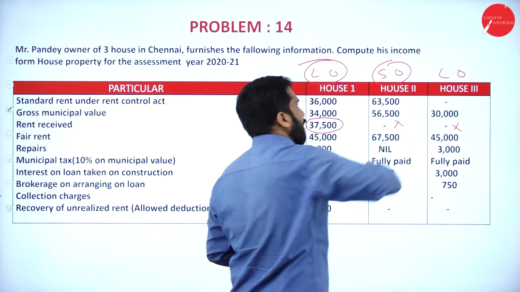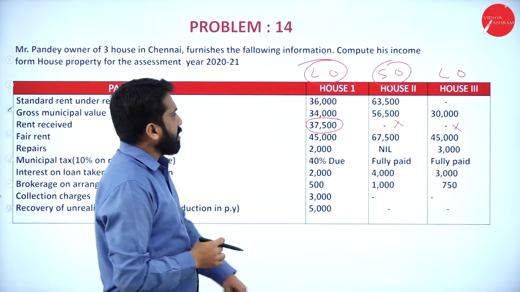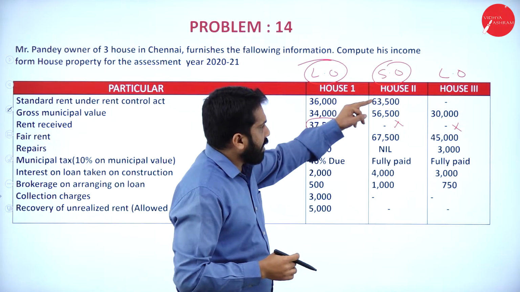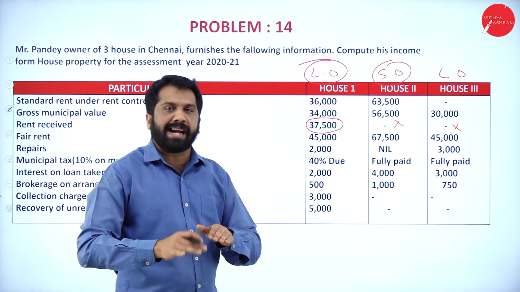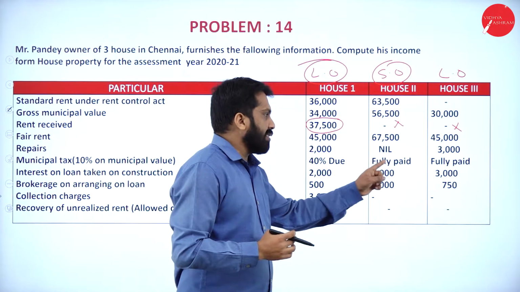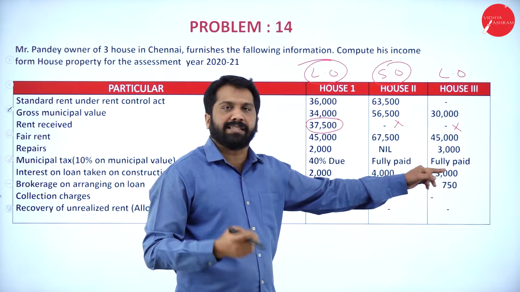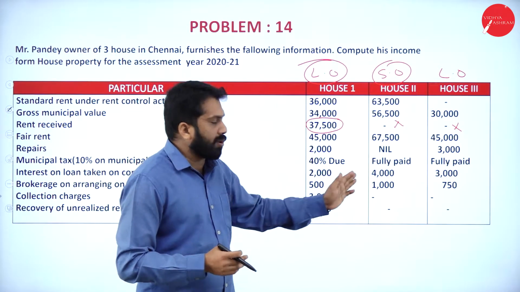This is also let out only. Now, why I have taken this as self-occupied is that the numbers are higher, so you are supposed to pay more tax. To avoid tax, we consider this as self-occupied and this as let out. Now, in your examination, suppose you did not know all this.